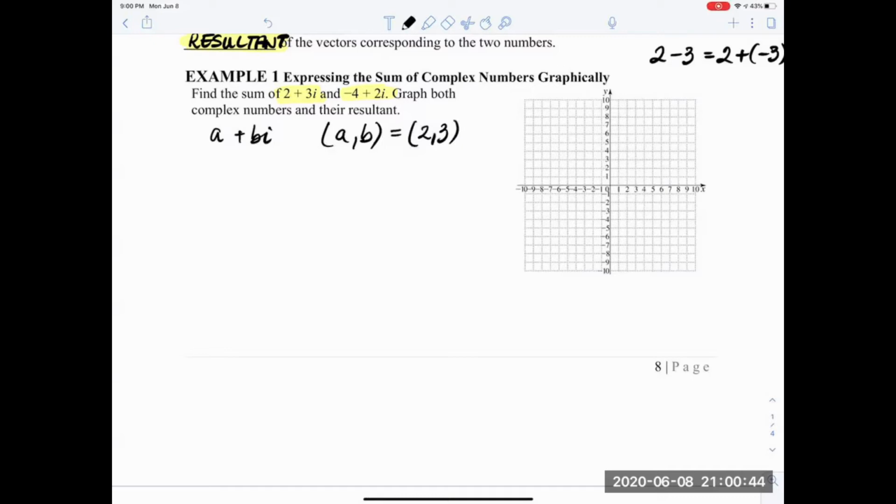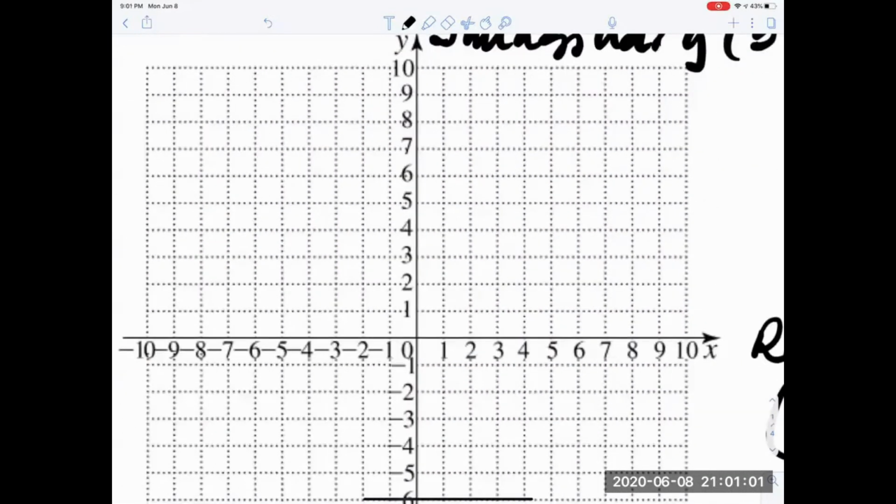On the x-axis, which is the real part, you put your a, and on the y-axis is the imaginary part, representing your b, so I can go to coordinates 2 and 3. I'm going to zoom in right now. At 2 and 3, I'm going to find the end of that vector, so I'm going to draw it.